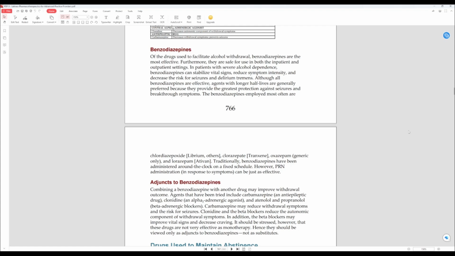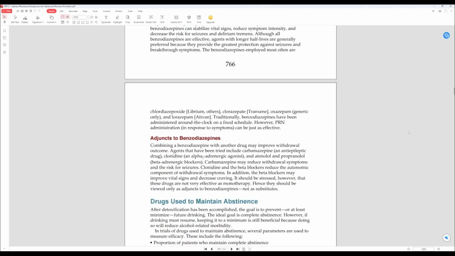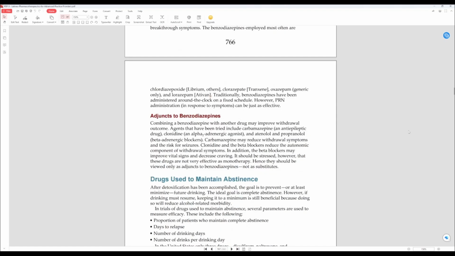Although all benzodiazepines are effective, agents with longer half-lives are generally preferred because they provide the greatest protection against seizures, as well as breakthrough symptoms. The benzodiazepines employed most often are chlordiazepoxide (Librium), clorazepate, oxazepam, and lorazepam.